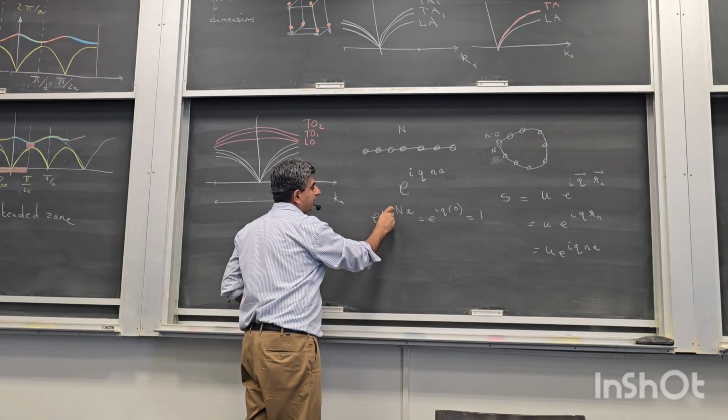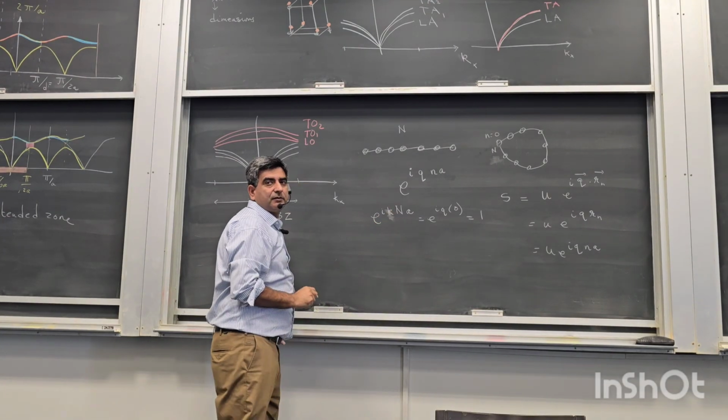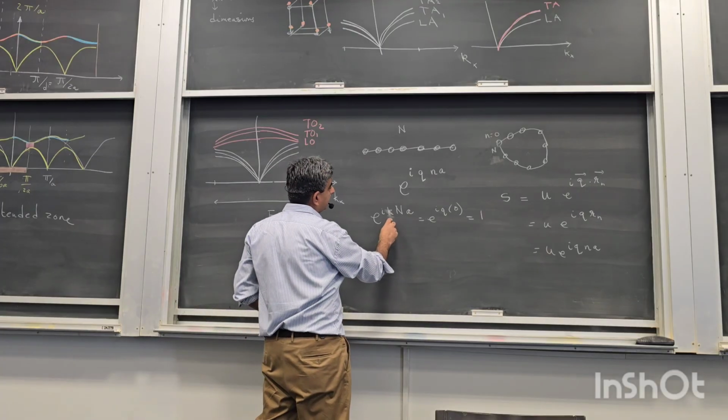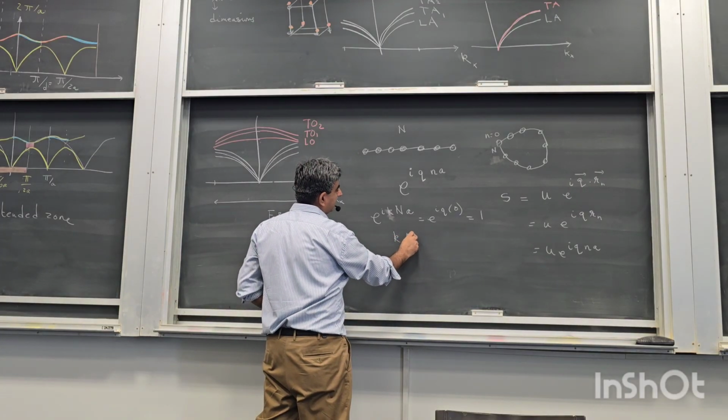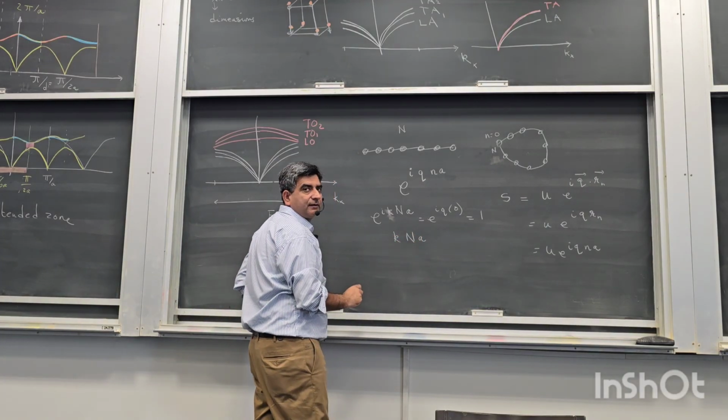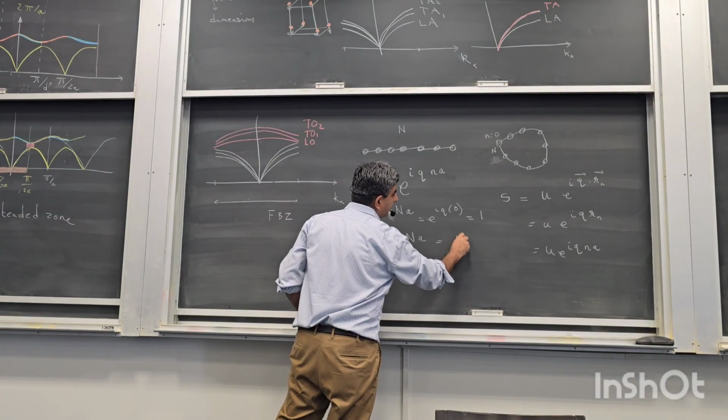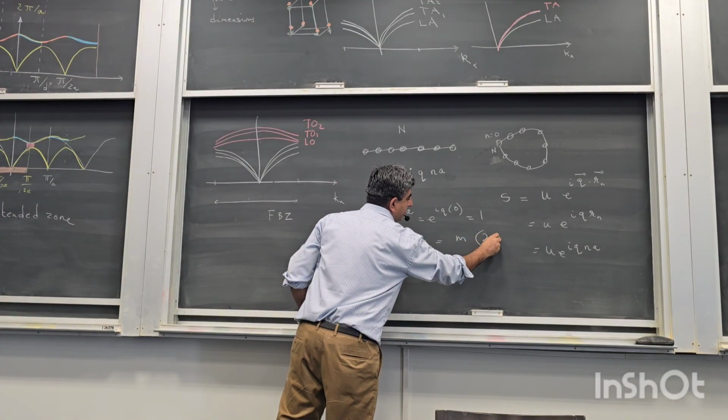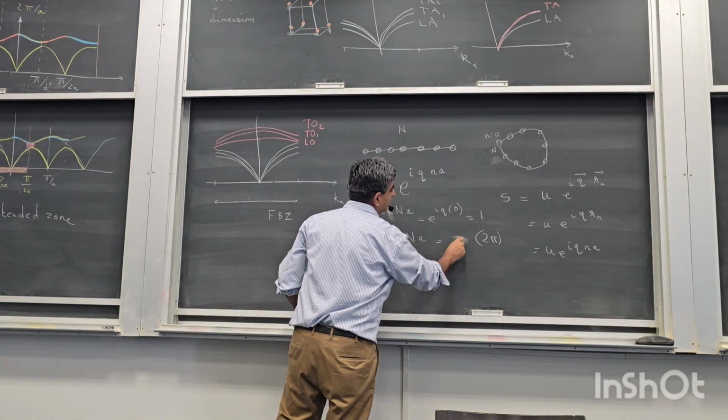Let's choose k now. This means that kNa is some multiple of 2 pi. Let's call this p, some multiple of 2 pi.